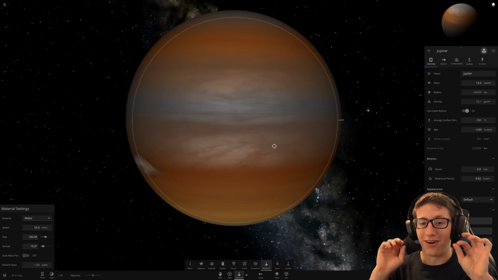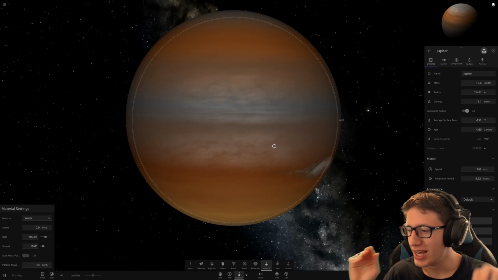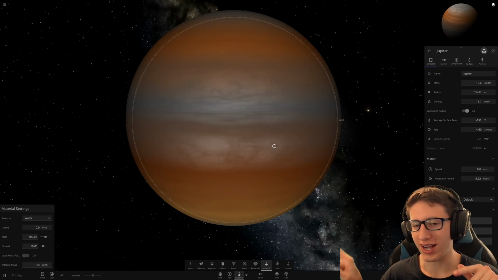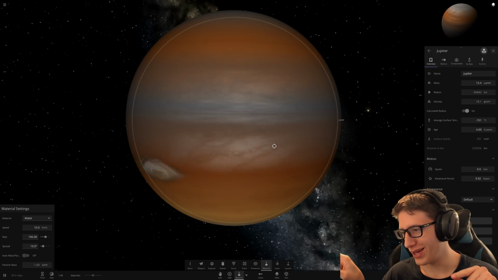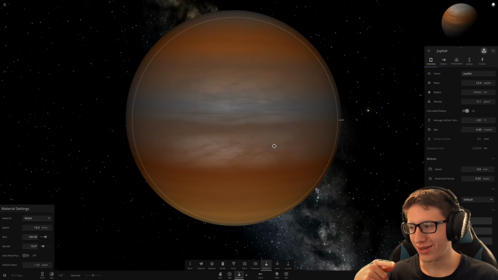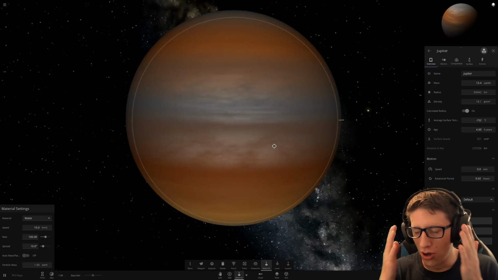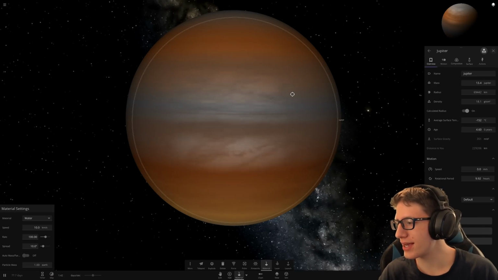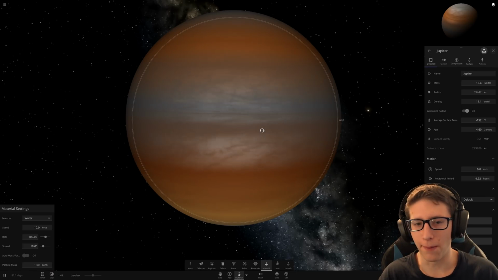What? Okay. So if we add a bit of water, it becomes a rocky planet, a terrestrial planet. But if we add more water, it turns into a gas giant. What? Okay, this makes complete sense.